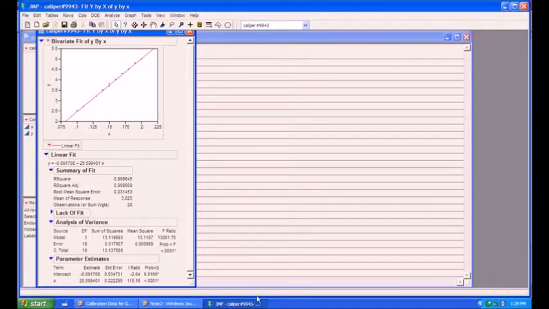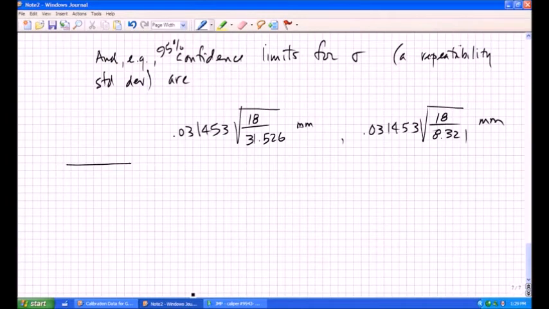Okay, so another thing that I can do with this analysis is basically to invent this conversion equation.